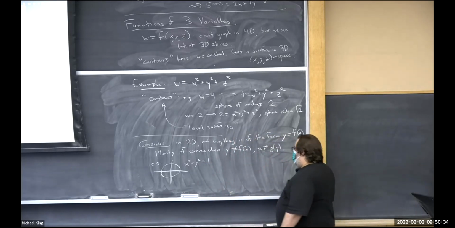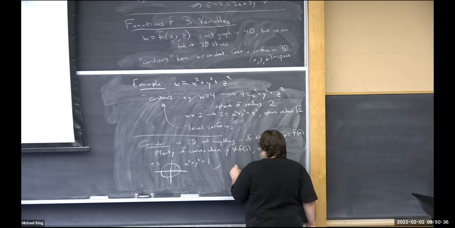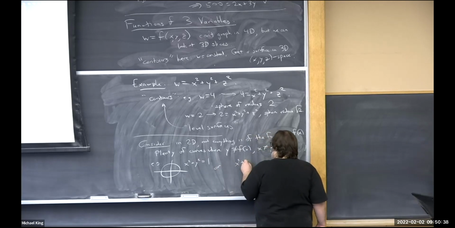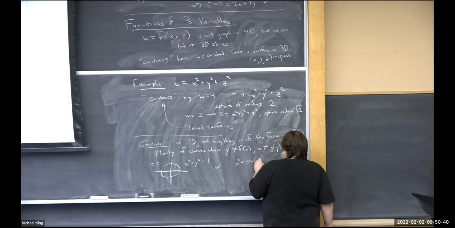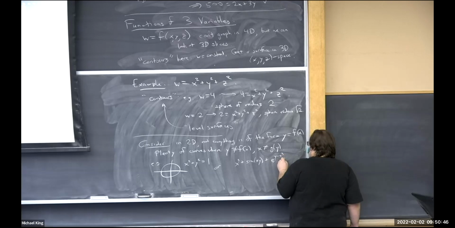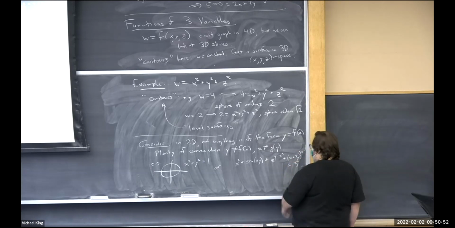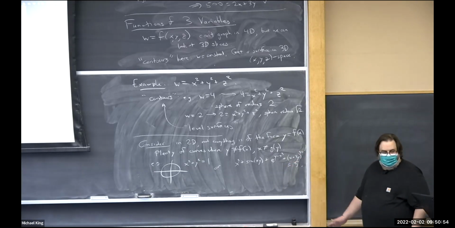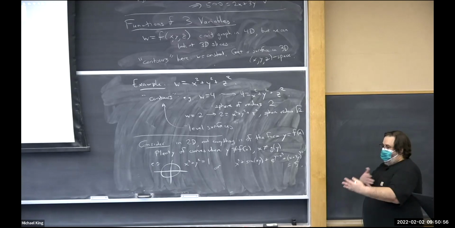Or you could do something horrible like x squared plus sine of xy plus e to the y minus x cubed plus x plus 3y to the 10th equals 5. I just made this up, but x and y are completely, horribly inextricable from each other.